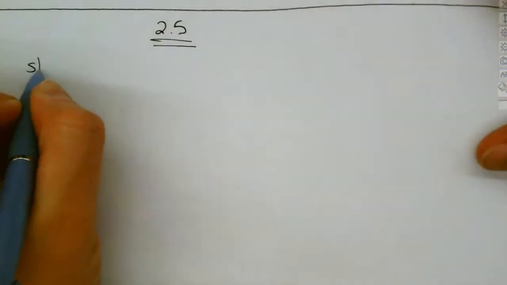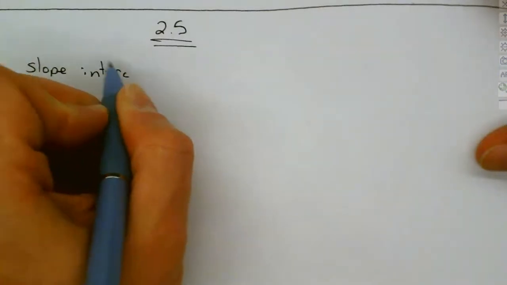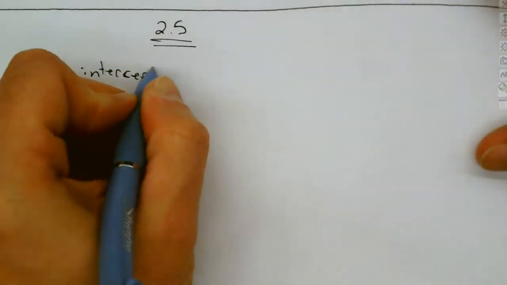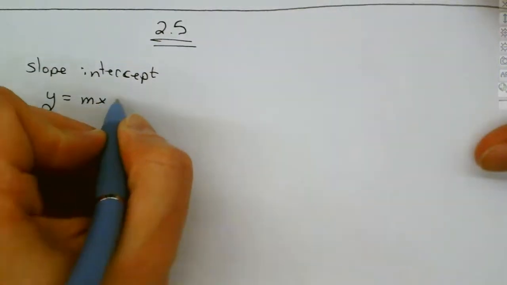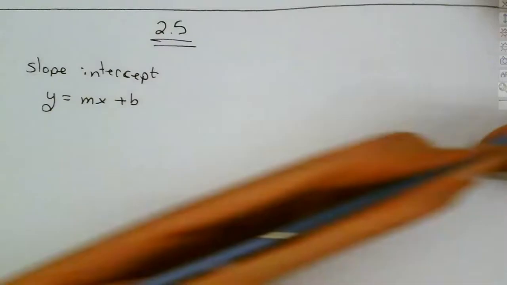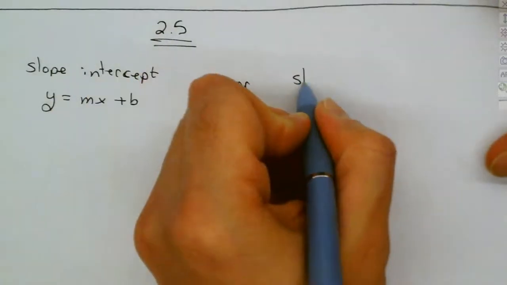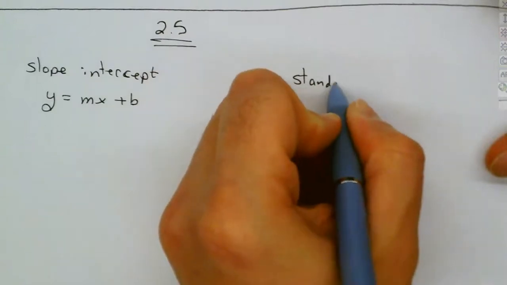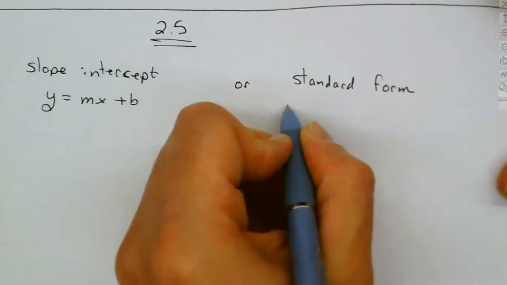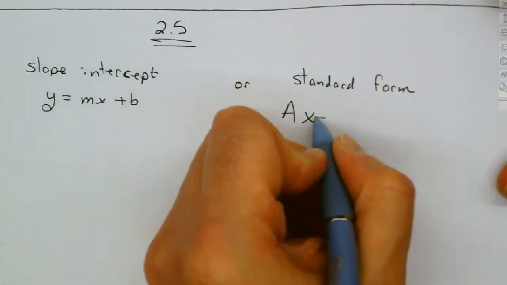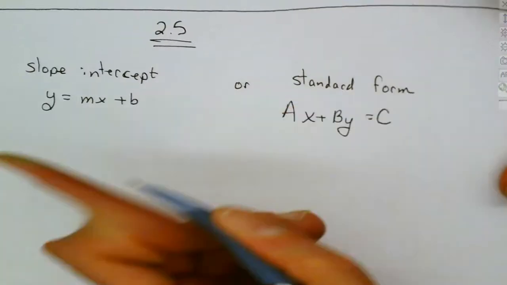Does everybody have one now? Okay. So 2.5, we're going to talk about line equations. And there's two ways that we can write our line equations. You can write them in what's called slope-intercept. And slope-intercept is y equals mx plus b. Or you can write them in standard form. And standard form is ax plus by equals c.